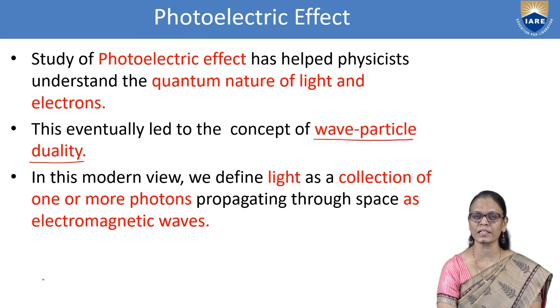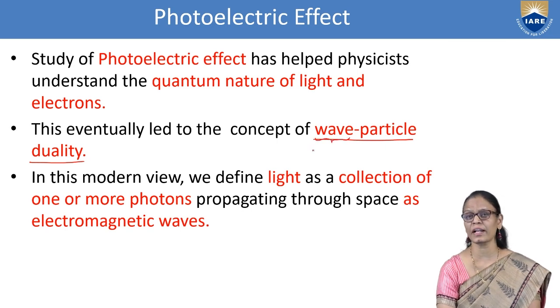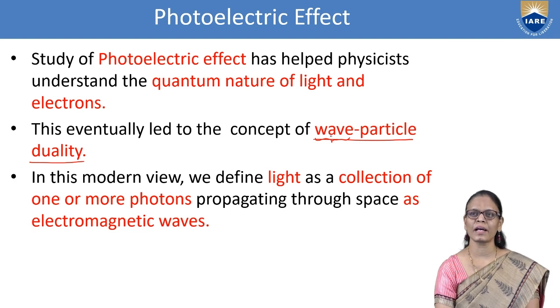We have discussed wave-particle duality in detail. Why do we say wave-particle duality? We will not restrict our understanding of light only to a wave or only to a particle, because under certain circumstances we use the wave nature of light to explain phenomena like interference and diffraction.